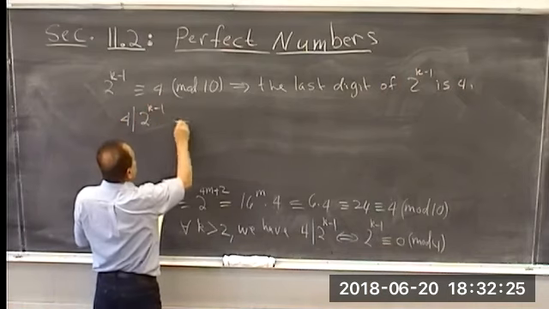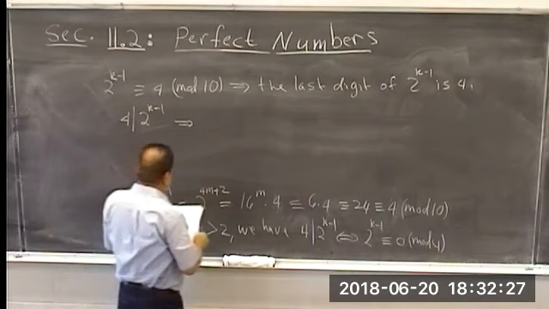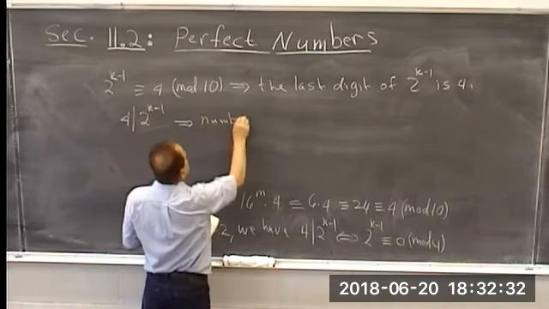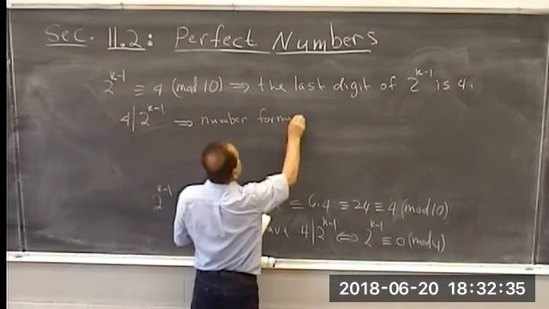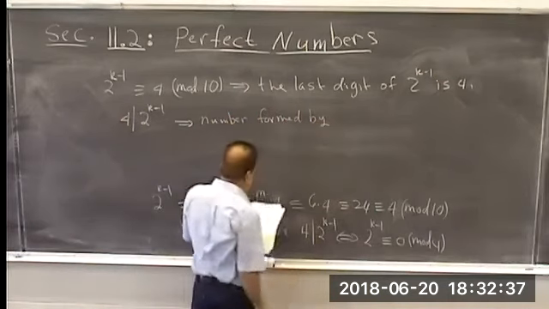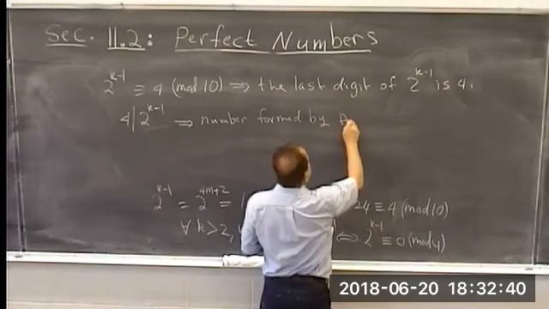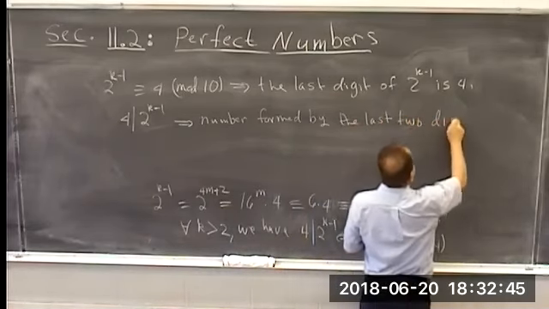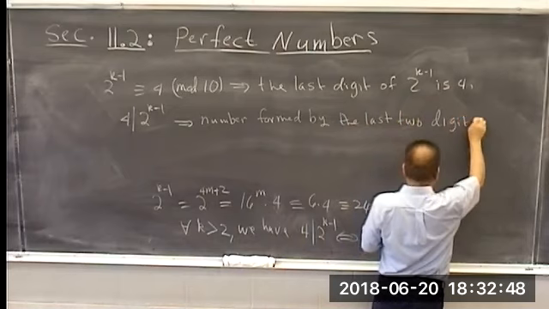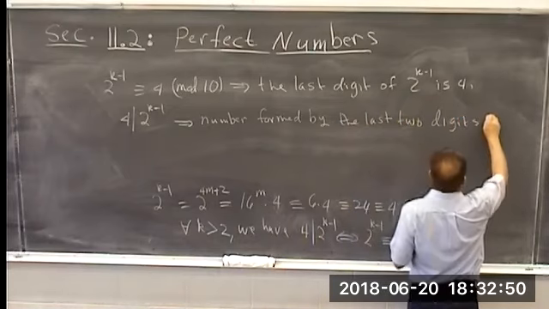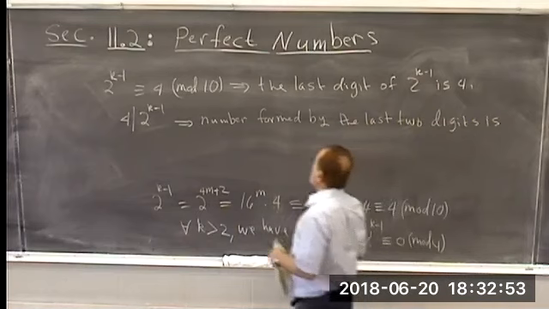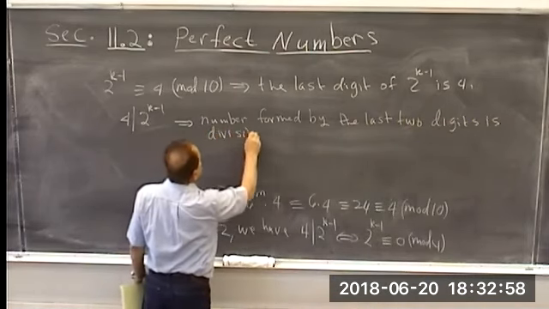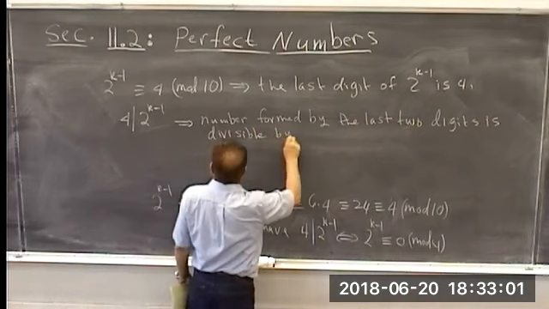This itself implies that the number formed by the last 2 digits is divisible by 4.